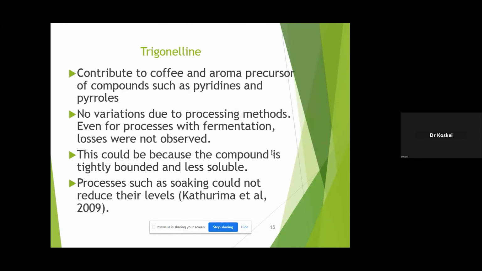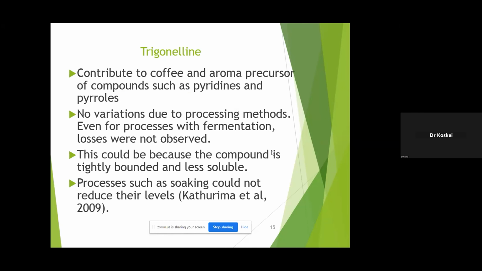For example, trigonelline is one of the components which contributes to the aroma of coffee, especially after roasting, contributing to pyridines and pyrroles, among other aroma compounds. So no variation was observed due to the processing methods used. Even with fermentation, there was no indication of losses of these components.